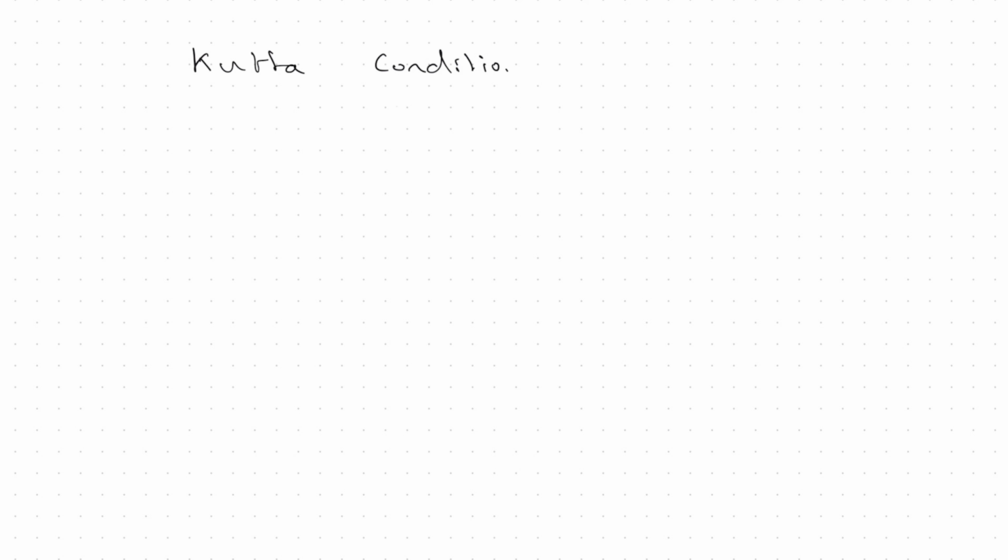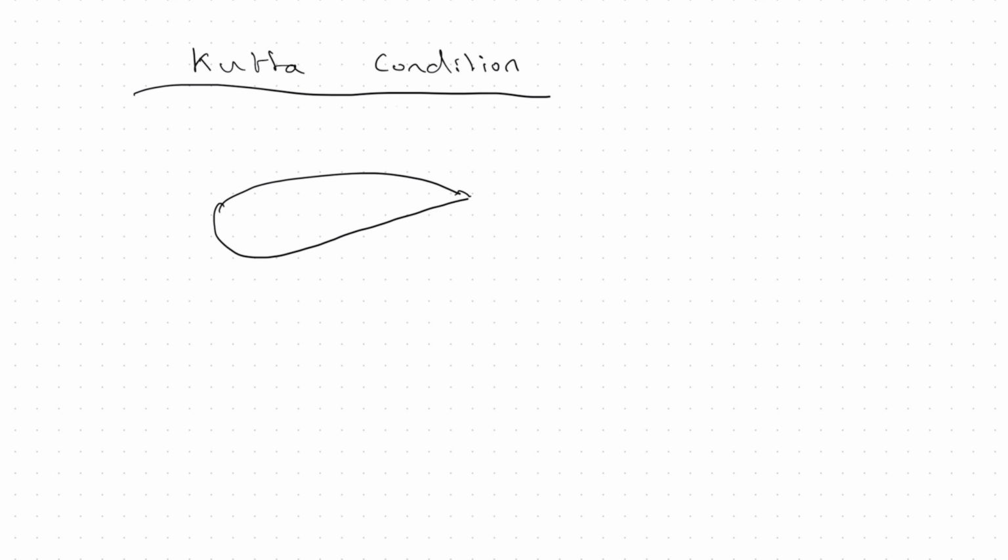So let's look at the Kutta condition. Basically, what happens in real life, let's take into account again the airfoil shape. The wind passing over the airfoil would create turbulence as it goes past the trailing edge.